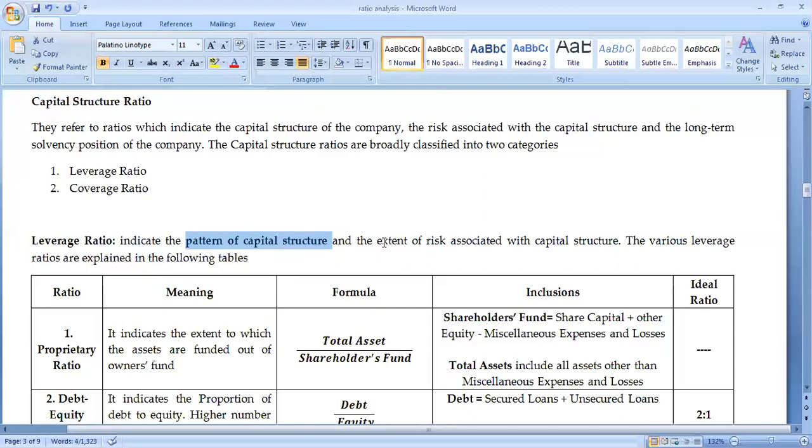And the extent of risk associated with the capital structure will be analyzed with the leverage ratio. These two are very important here. Leverage ratio identifies the pattern of capital structure, and the risk associated with it will also be analyzed with the leverage ratio.